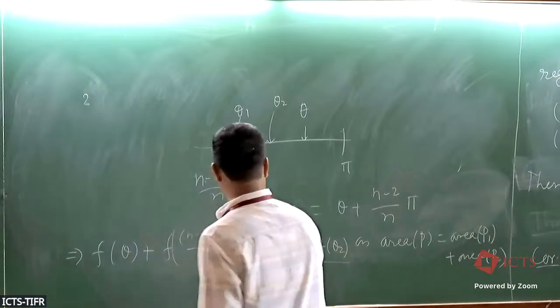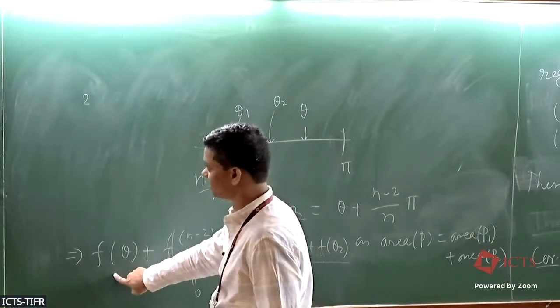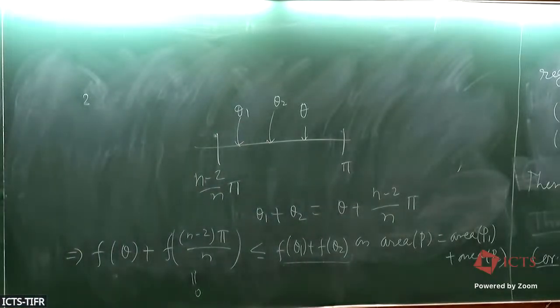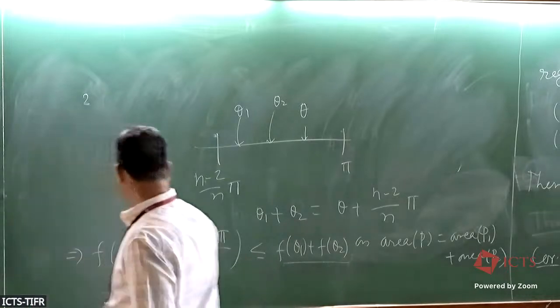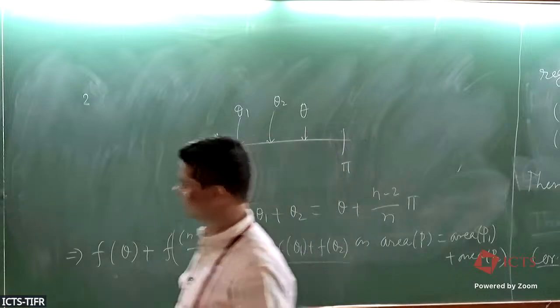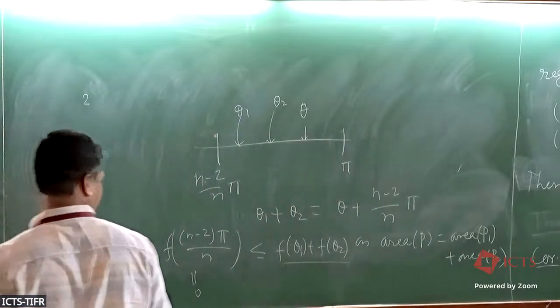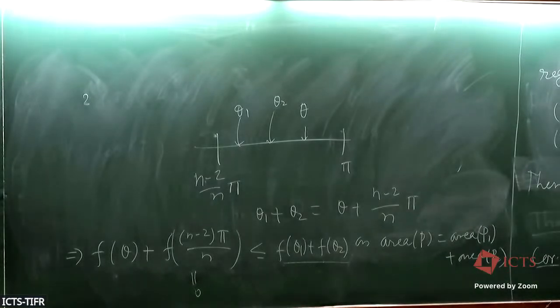Here f of n minus 2 times pi over n is equal to 0, f of theta is basically the left hand side, and this is basically the right hand side. So this is the idea of the proof of the isoperimetric inequality for spherical geometry for disconnected regions.